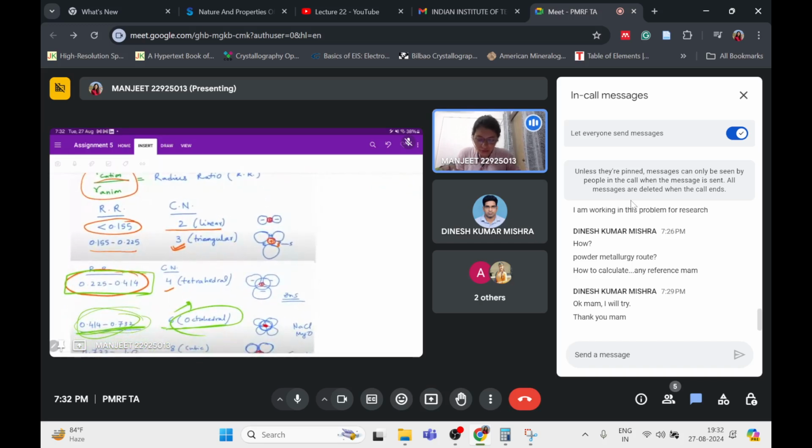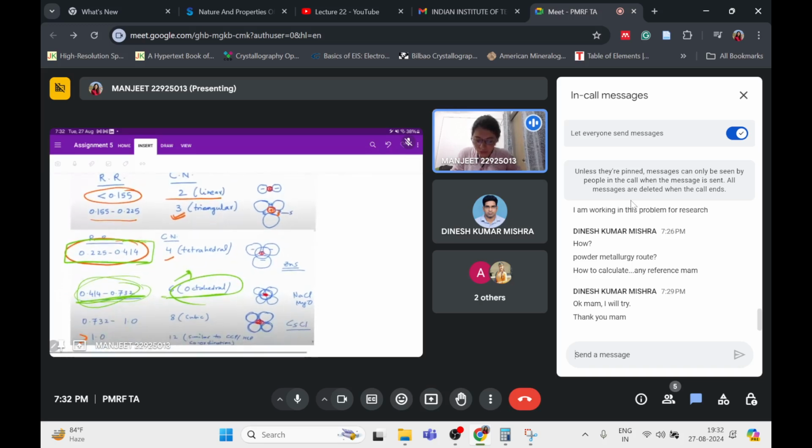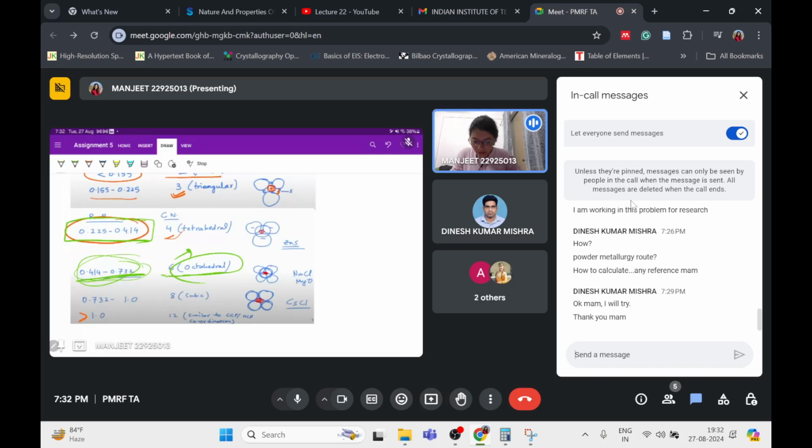If it lies between 0.155 and 0.225, it is 3. Between 0.225 and 0.414, it is 4. Between 0.414 and 0.73, it is 6. And between 0.73 and 1, it is 8, cubic.